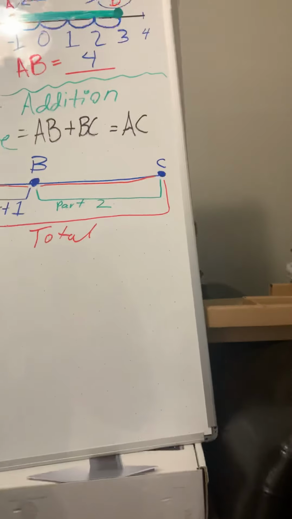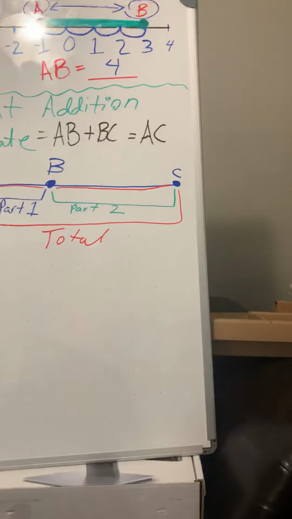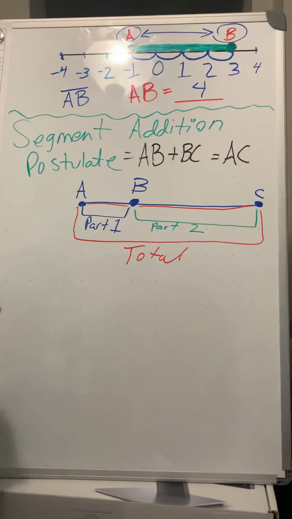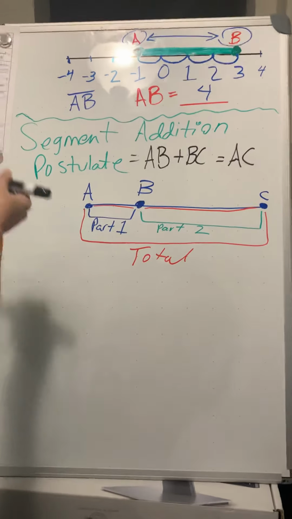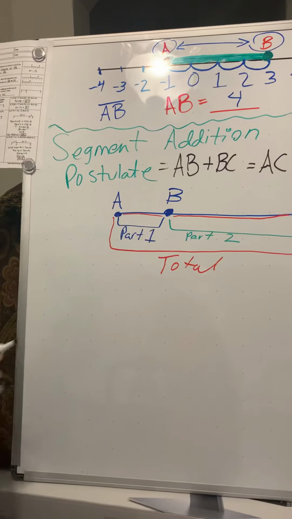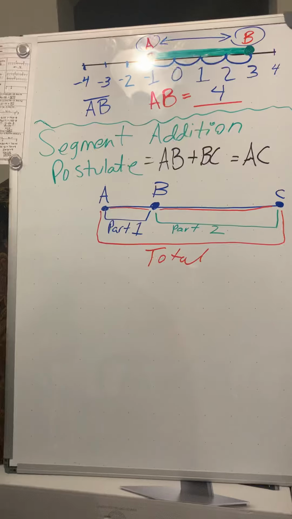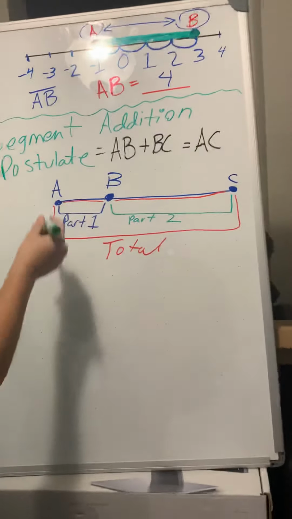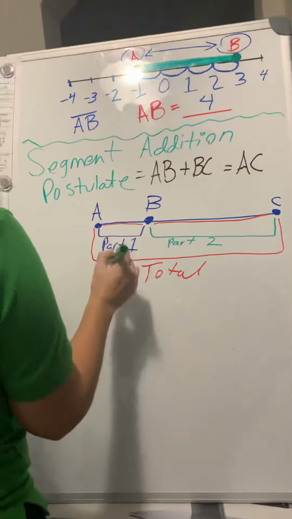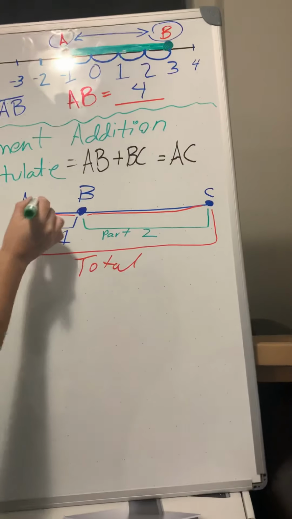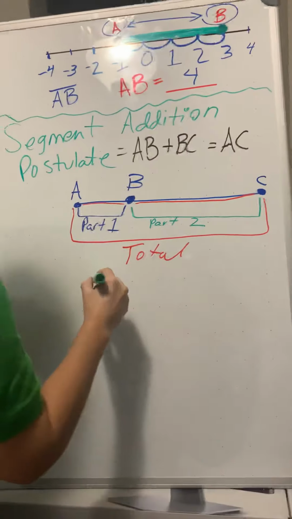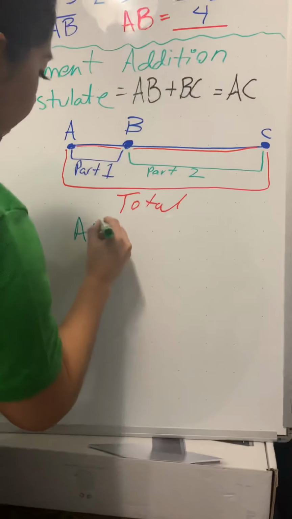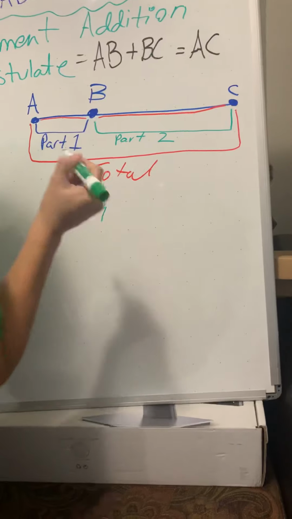Okay? So a simple example is, let me use the green marker. So let's say AB equals 9. So we have, let me write down here, AB equals 9.